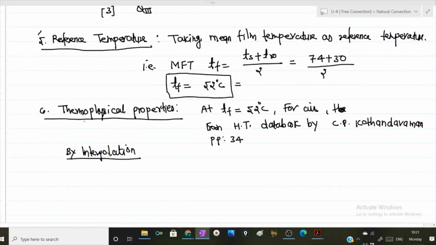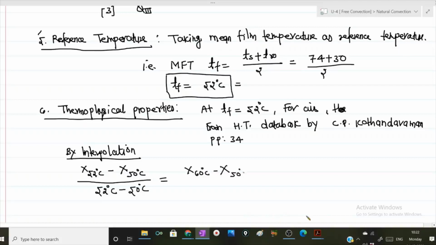Once again, I am writing the general formula. Thermophysical property at 52 degrees Celsius minus thermophysical property at 50 degrees Celsius, because I am taking 50 degrees Celsius as base temperature, divided by the difference of temperature, is equal to thermophysical property at the upper value of temperature minus thermophysical property at the lower temperature, divided by the temperature difference.